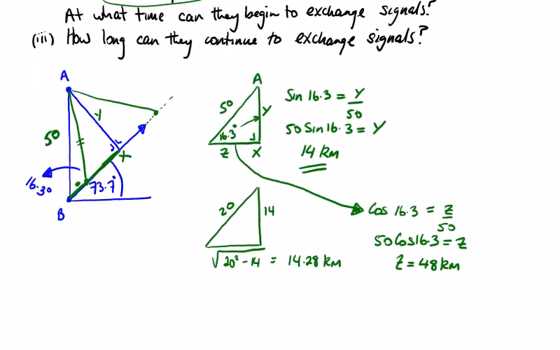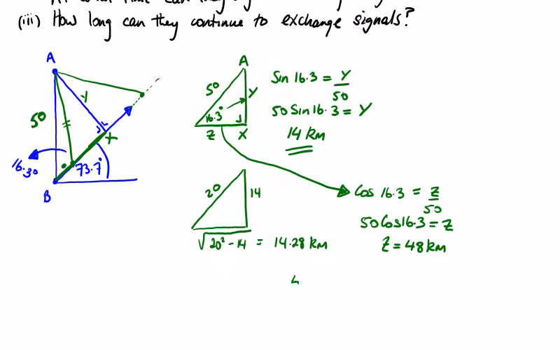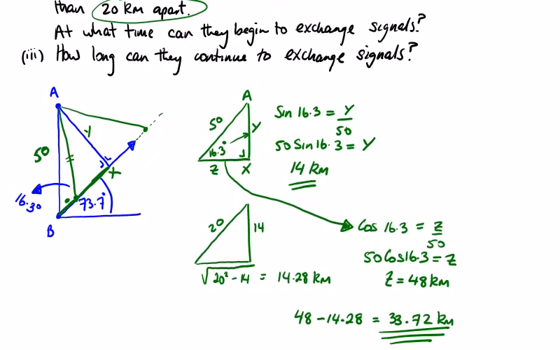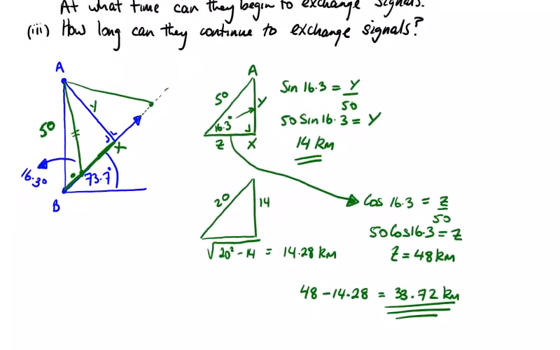So the difference between those two, 48 minus 14.28, is going to give us 33.72 kilometers. Now that's not the answer, because they ask us at what time can they begin to exchange signals.